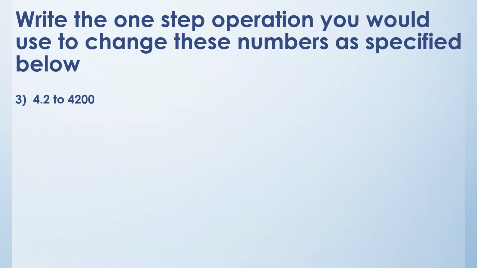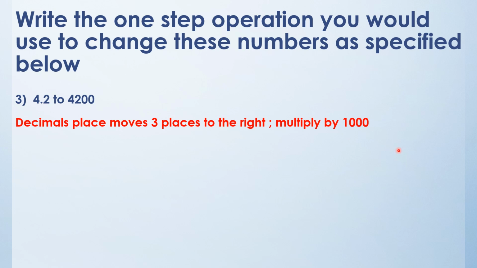Now the next question is 4.2 to 4200. In this question 4.2 has 1 decimal place and here the decimal moves 3 places when we multiply by 1000.